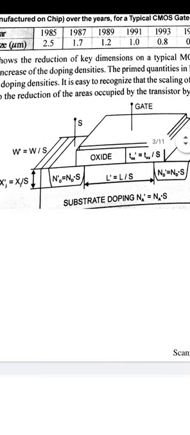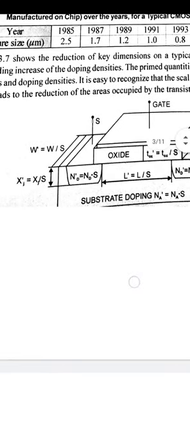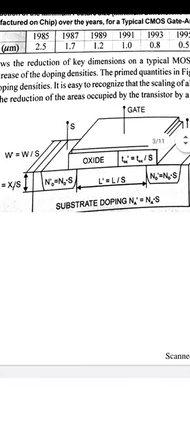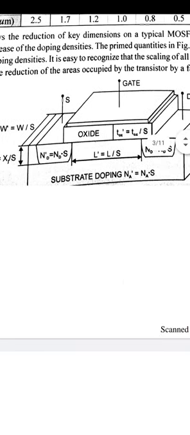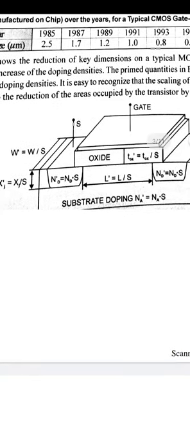The junction depth is reduced by a factor of S: Xj' equals Xj divided by S. The oxide thickness is also reduced by a factor of S: Tox' equals Tox divided by S. The substrate doping density, Na', is Na times S. So these are the dimensions by which we have shown how to reduce the device by the scaling factor S.